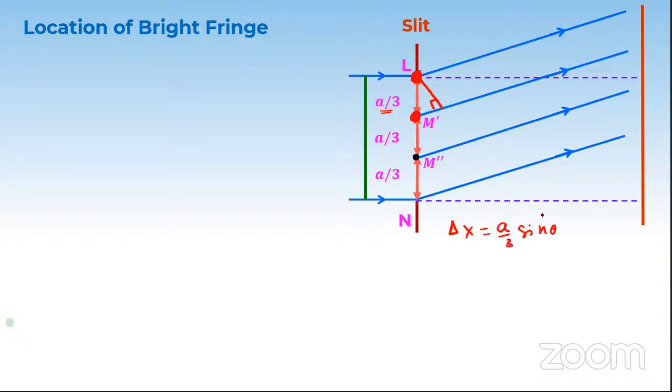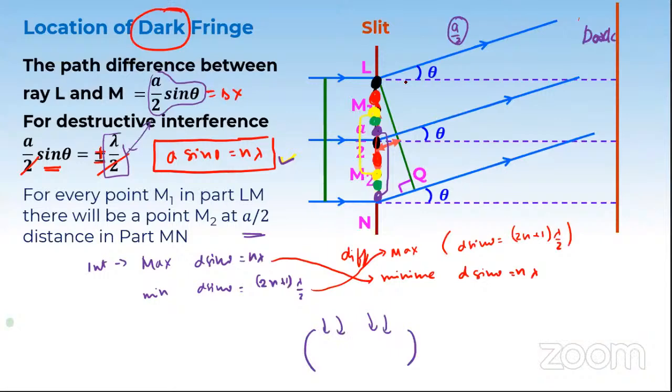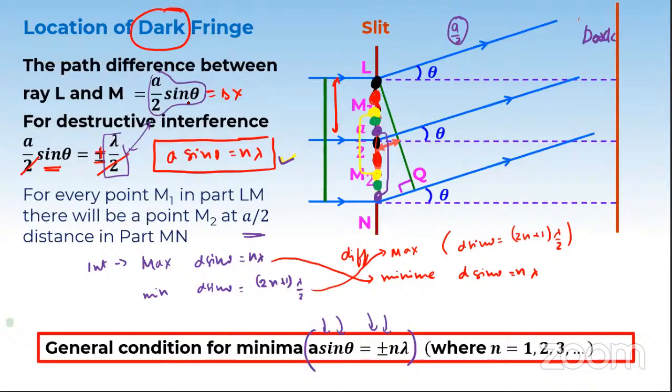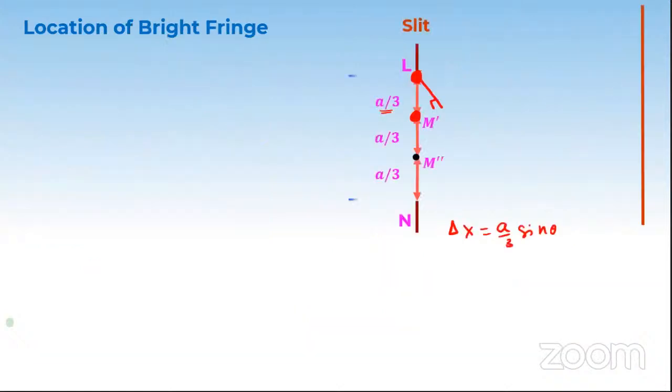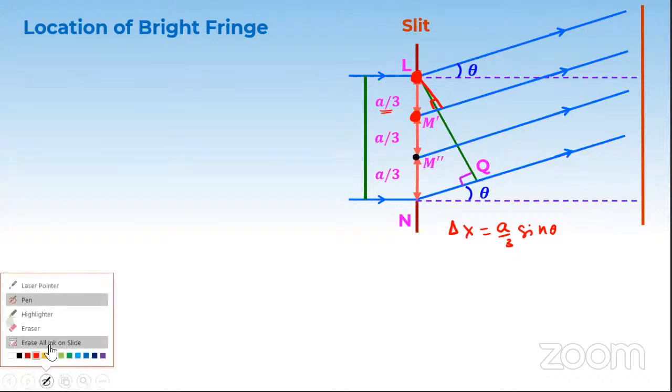Again, if you put the right angle triangle, take the hypotenuse and the sine of the angle, you'll get delta x path difference is equal to a by 3 sin theta. Clear, right? Okay, cool.